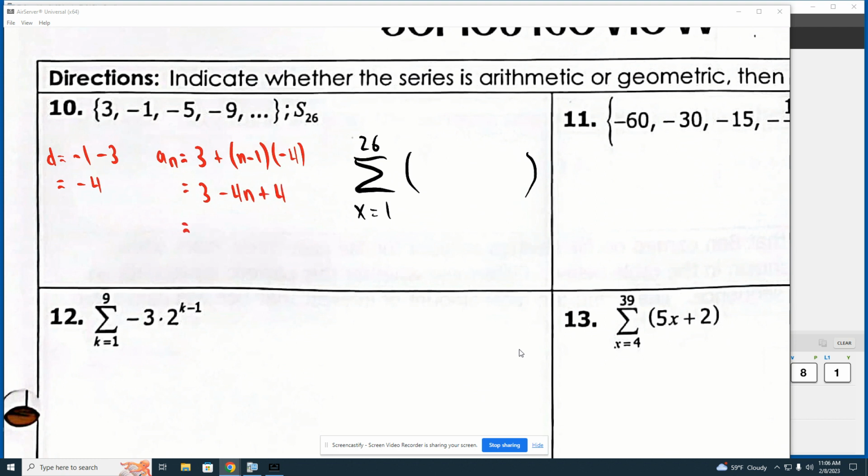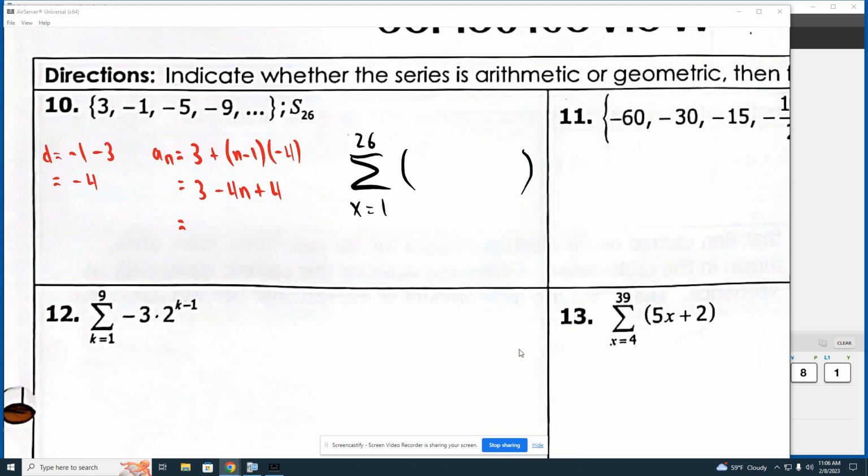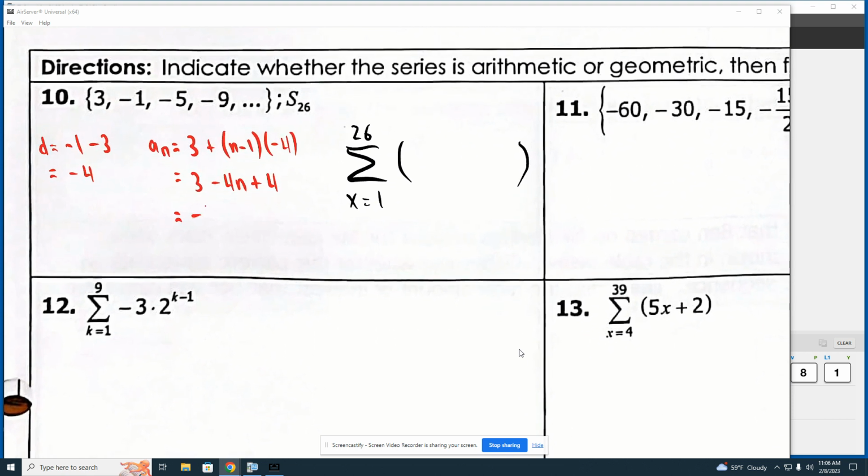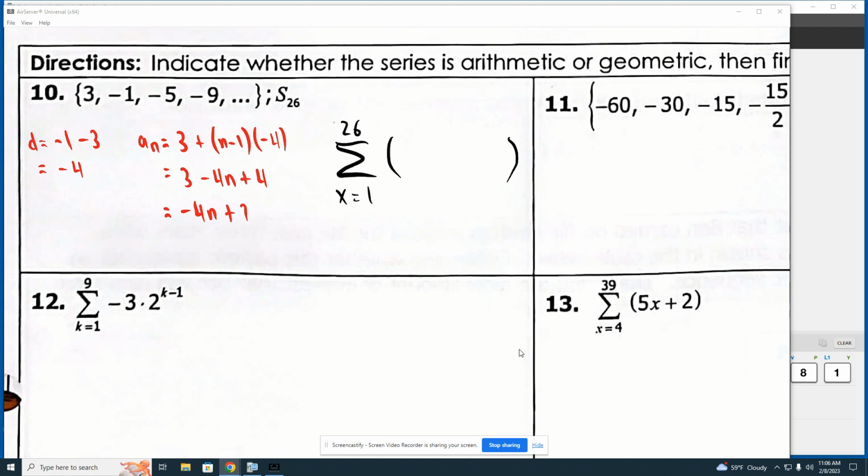So here's my equation that I'm going to just throw directly into my summation. Negative 4n, and then 3 plus 4, 7. So alpha, window number 2, define your variable from the 1st through the 26th term for the equation negative 4x plus 7. And that will find S26.